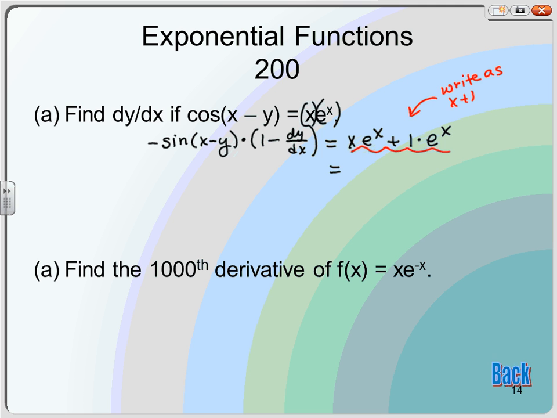So it's x plus 1 times e to the x. Not really going to help us a lot, but there's x plus 1 times e to the x. I'm going to divide by my negative sine of x minus y. And I have 1 minus dy over dx. That's what's left.